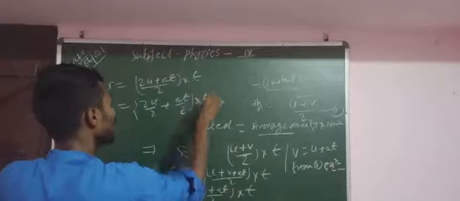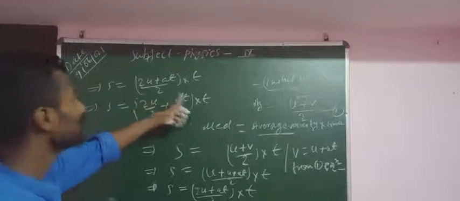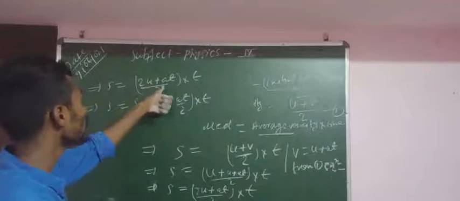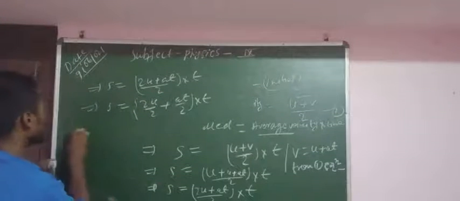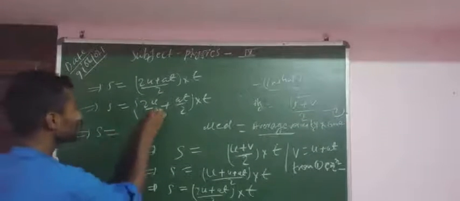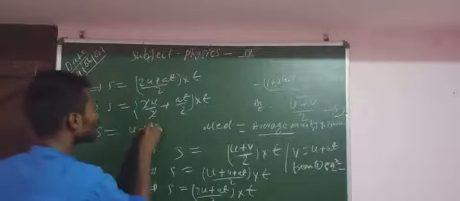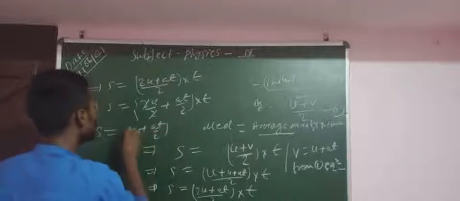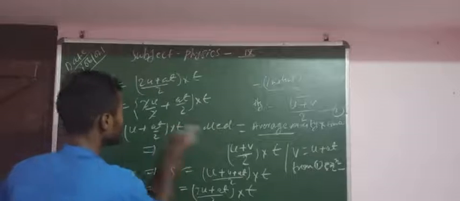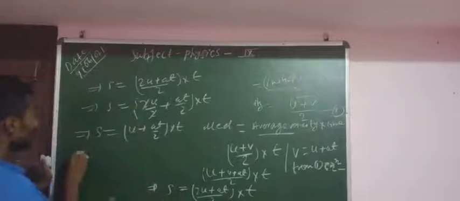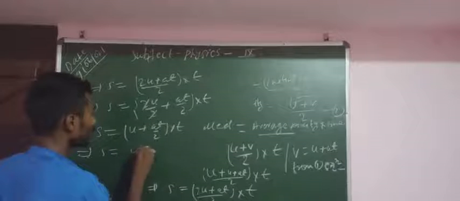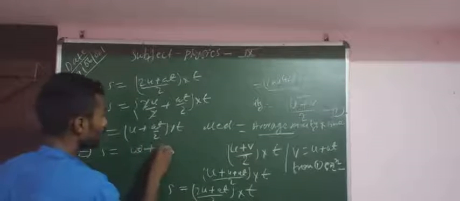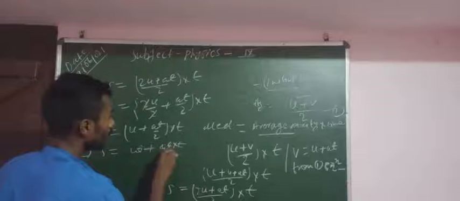We separated the 2, dividing both terms separately. That means s will be equal to, 2 cancels, u plus at by 2 into t. The second thing is ut plus at into t by 2.